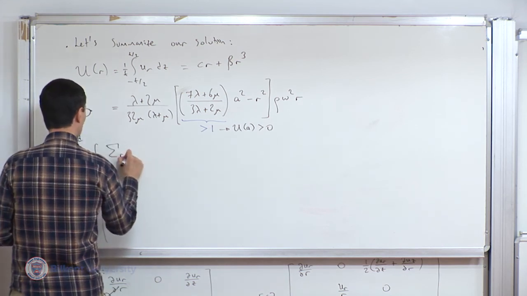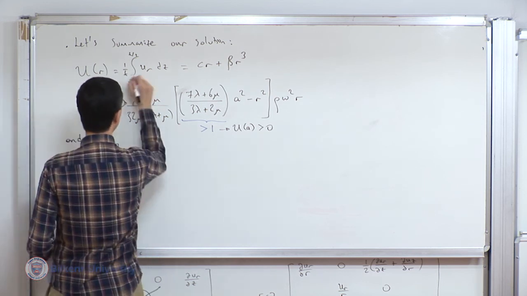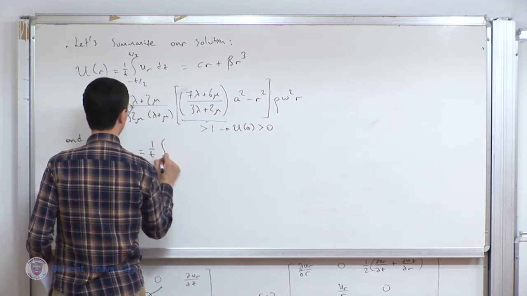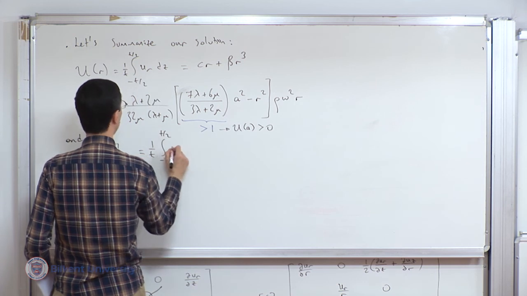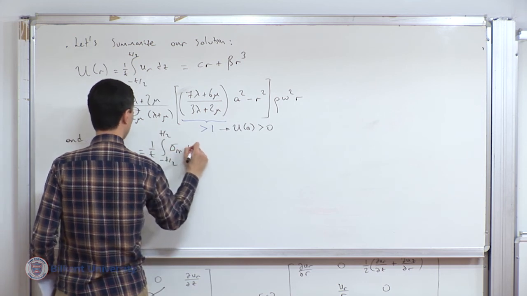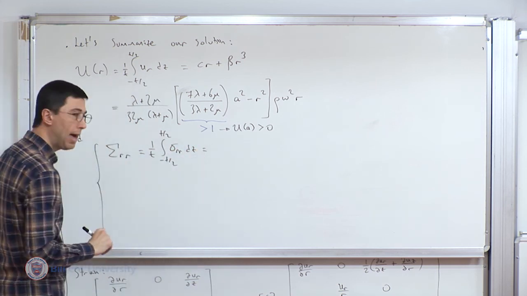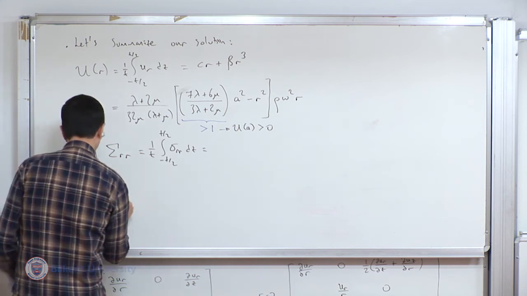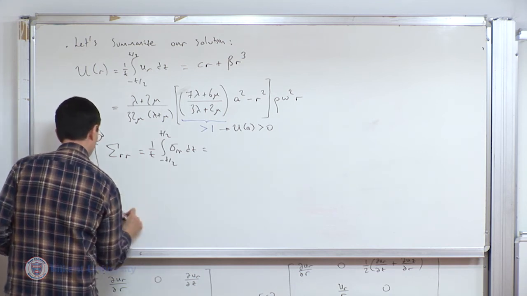And then I can look at sigma RR, okay? And similarly, it was introduced as an average counterpart of sigma RR. And finally, I can look at sigma theta theta.